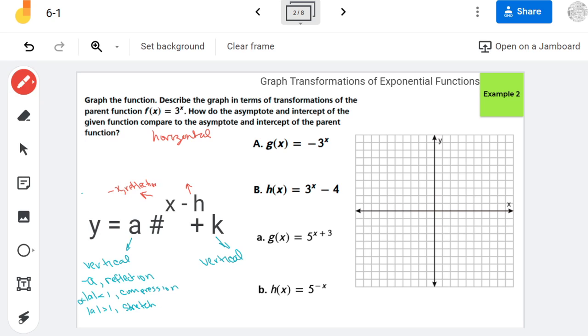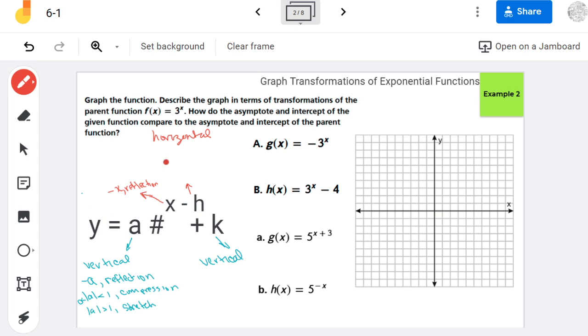We don't often cover horizontal reflections, stretch, or compressions. It's very, very rare. So Savvas might get into them a little bit, like they kind of surprise us in part B here, which is why I'm mentioning it. But often we do not touch that.